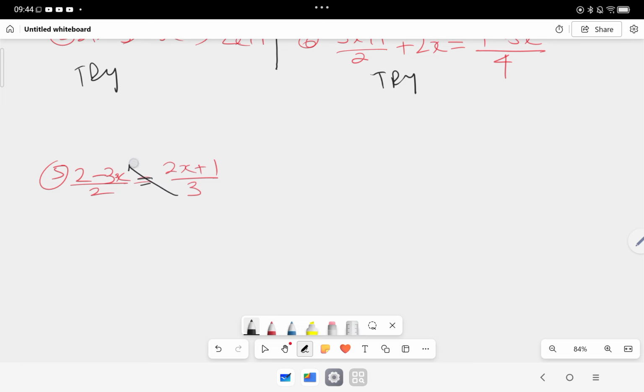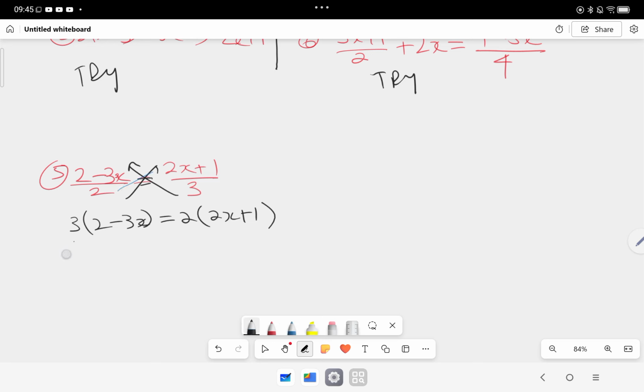It is called cross multiplication because there is one group on this side and a group on the other side. So now 3 times 2 minus 3x equal to 2 times 2x plus 1. We take this one there and this one there.